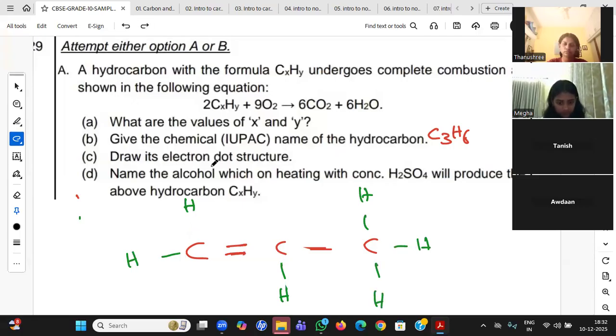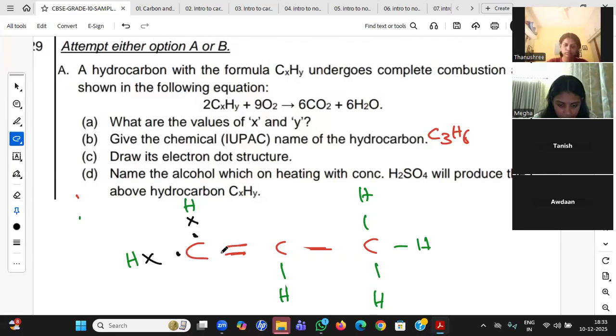But now his question is the electron dot structure. So what should I do? I need to replace each stick by one dot and one cross: one cross for hydrogen, one dot for carbon.